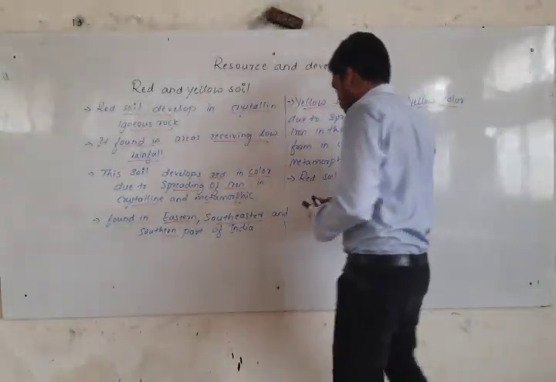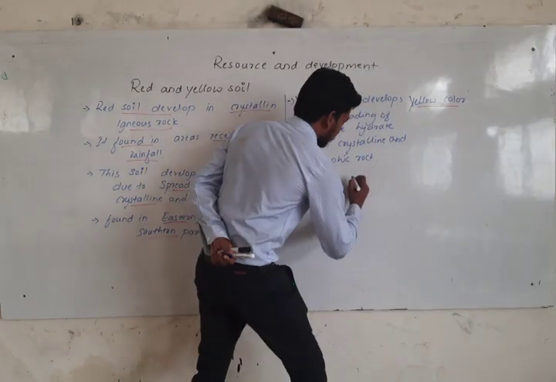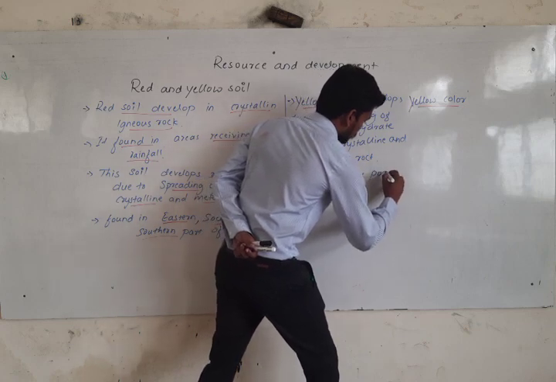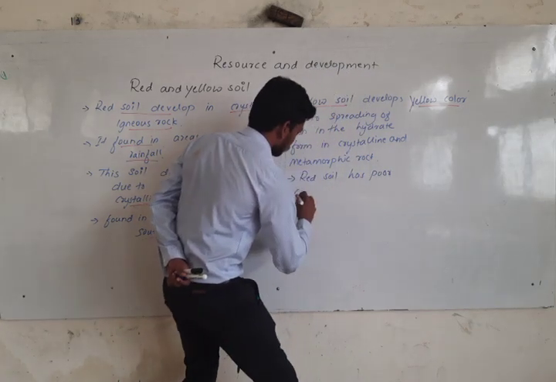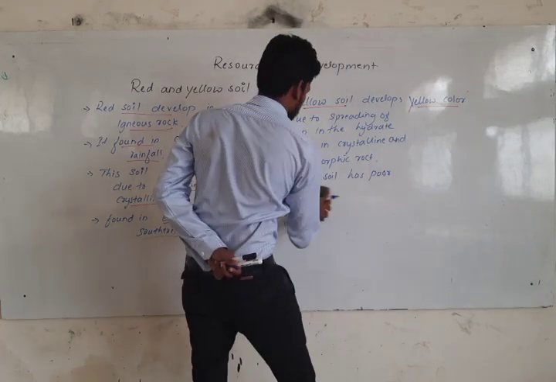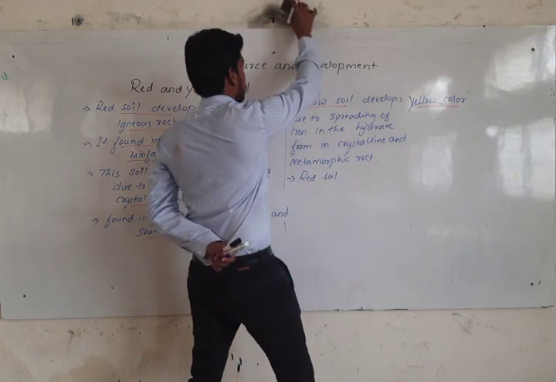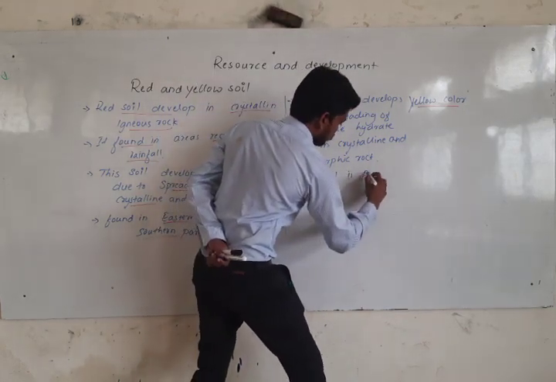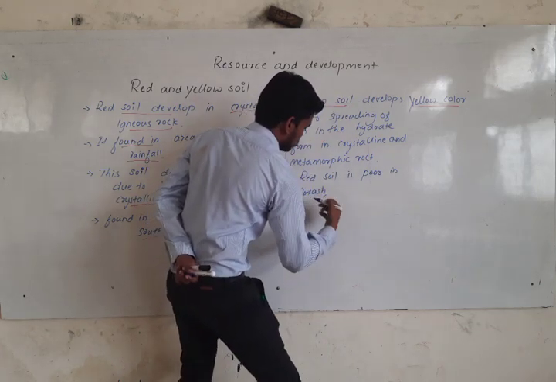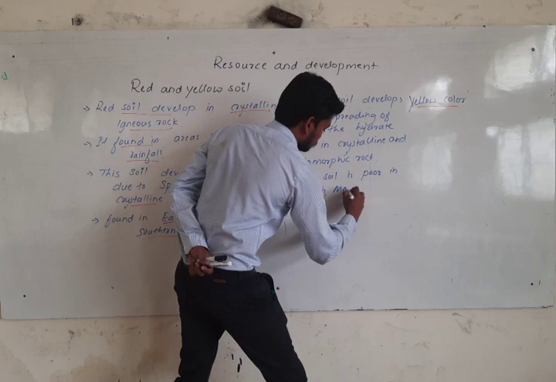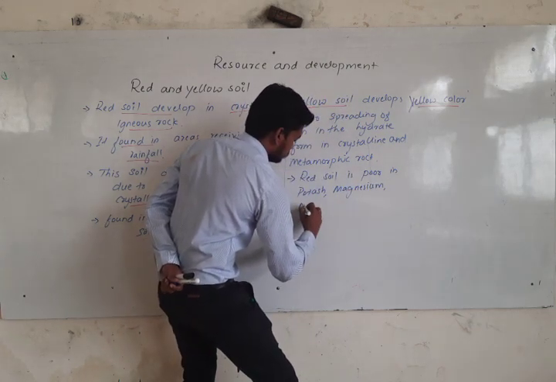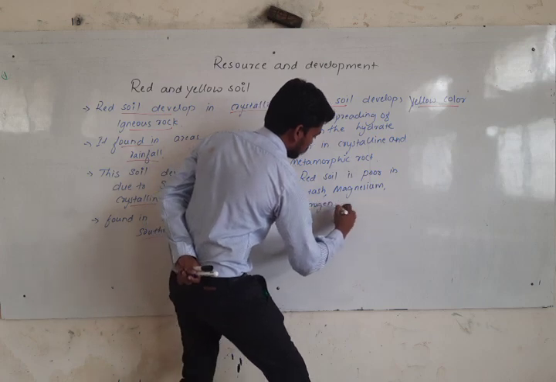Red soil has a poor content of potash, magnesium, nitrogen and lime.